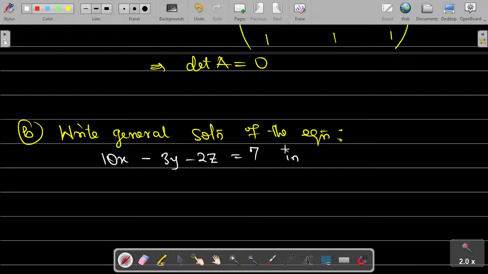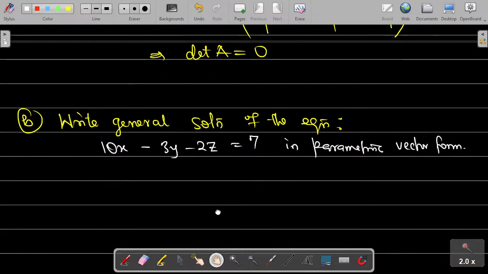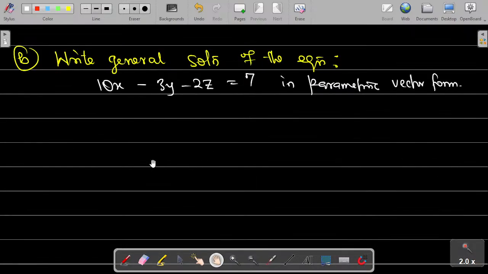They say we should write it in parametric vector form. You can actually write this solution in just a parametric form, without bothering putting it into vector form, but here they are asking us to do it in parametric vector form.